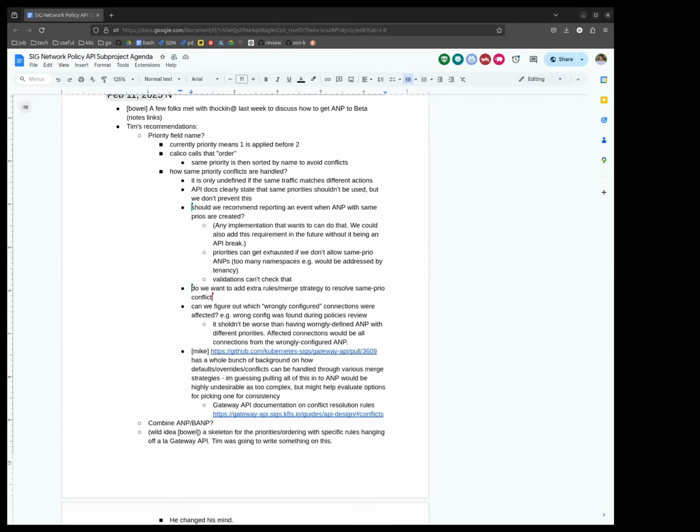If you have two policies that are both matching the same packets, you have to think very carefully about how they're going to interact. The allowing over the same priority is more for the case when you have two policies that don't match the same packets. Each one only applies to packets going into a specific namespace, for instance. In that case, it doesn't matter at all if they have the same priority, because they're matching totally different packets.